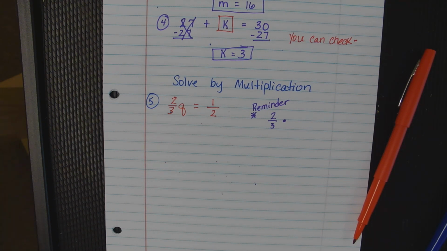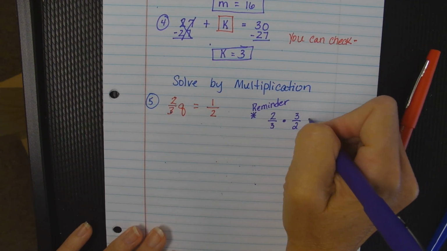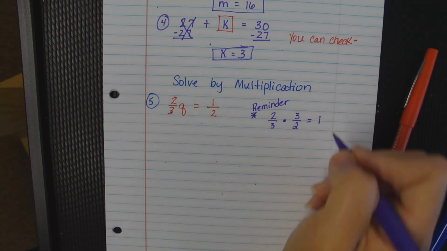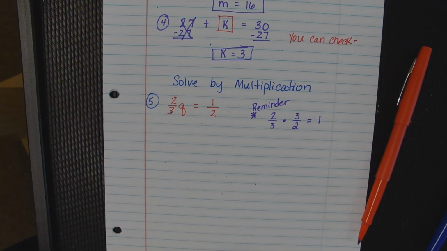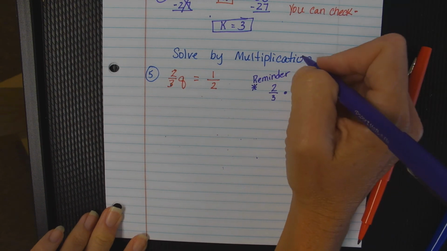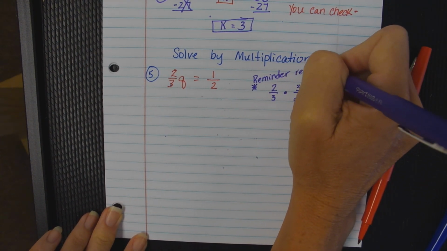What is the reciprocal? Backwards. Flip it, yes. So what's the reciprocal of 2/3? Bingo. Does anybody know that by looking at it? What's the whole point of doing this? It is equal to 1. Okay. Reminder, reciprocal.